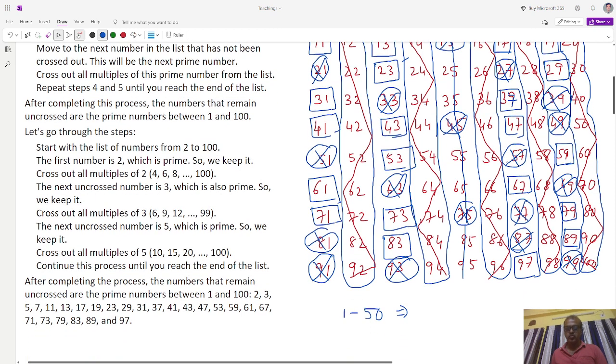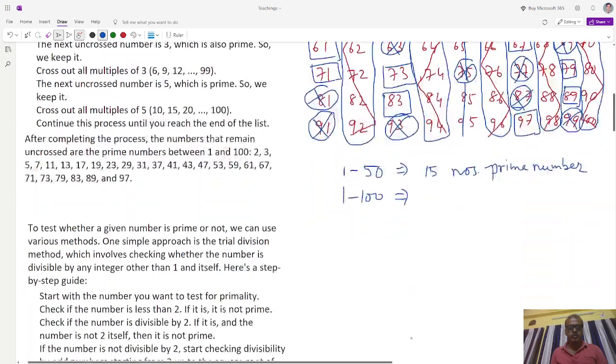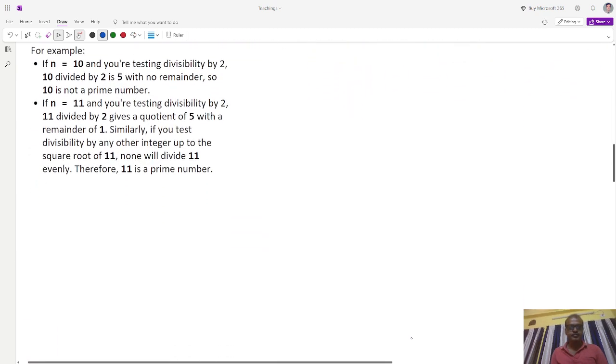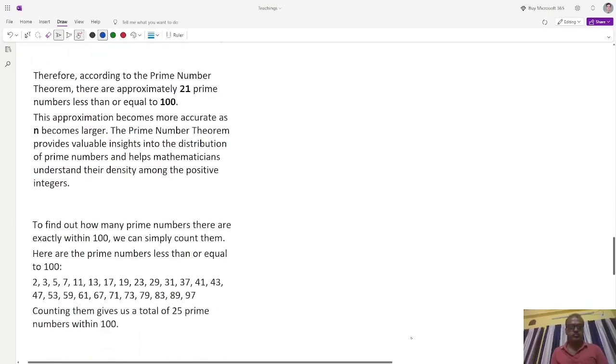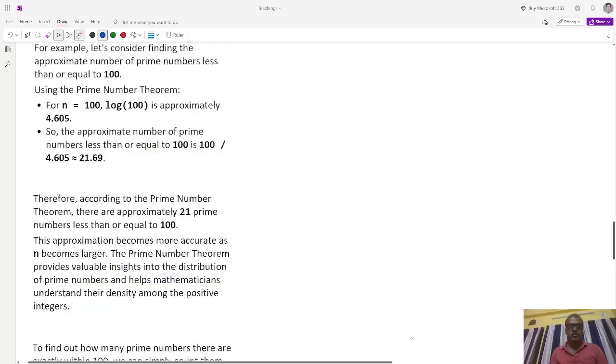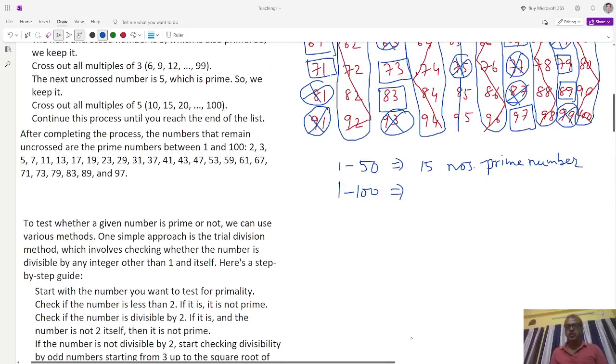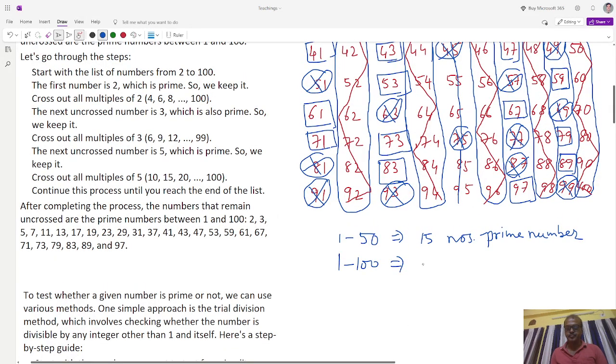So within 1 to 50, we get 15 prime numbers. Okay. Similarly, if we count within 1 to 100, how many prime numbers are there? There are 25 prime numbers.